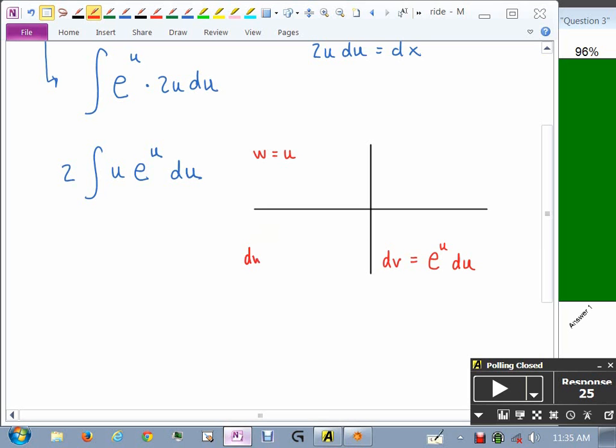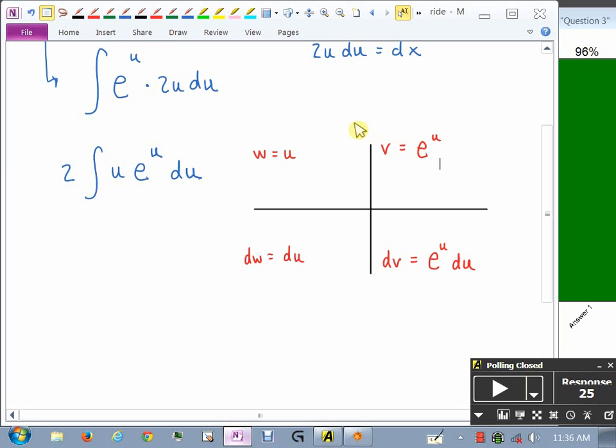Well, dw is du. So I'm taking the derivative here. And then now I need the antiderivative to go up. So I'm going to have v is what? e to the u. The antiderivative of e to the u with respect to u is just e to the u.